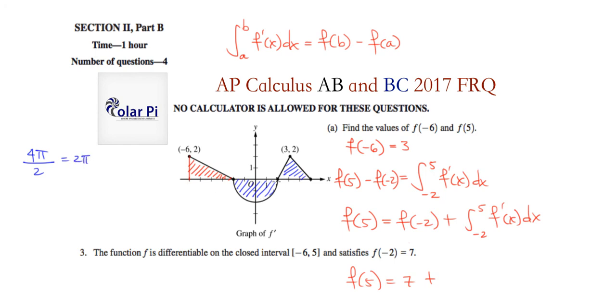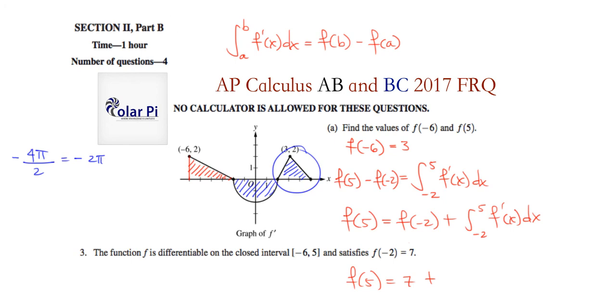But because the area is below the x-axis, we know that its signed area is negative 2 pi, right? So we know that area below the x-axis has a negative sign to it. Okay, all right, cool. So this part is negative 2 pi, and then the area of this triangle: the base is 3 and the height is 2, so that's 1/2 times 2 times 3, which is 3.